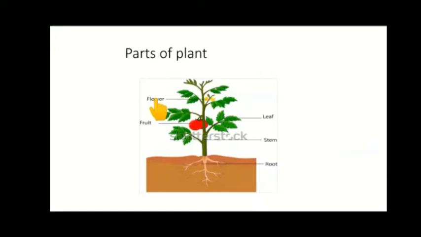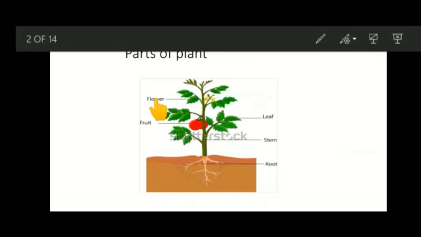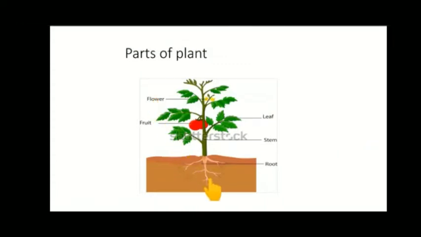You know, the roots are always under the ground, under the soil. The remaining part of the plant is above the ground. The part under the ground is called root system.